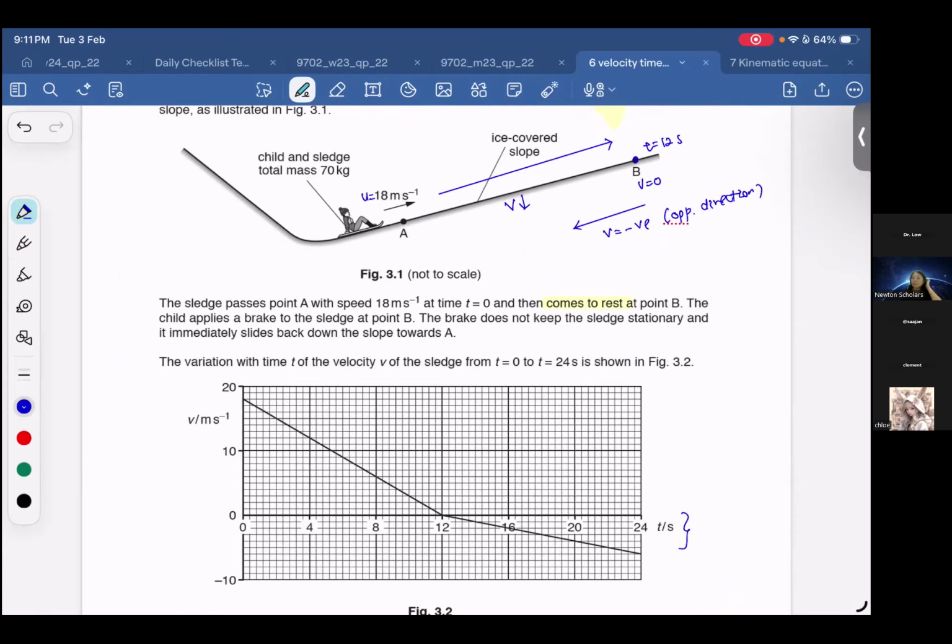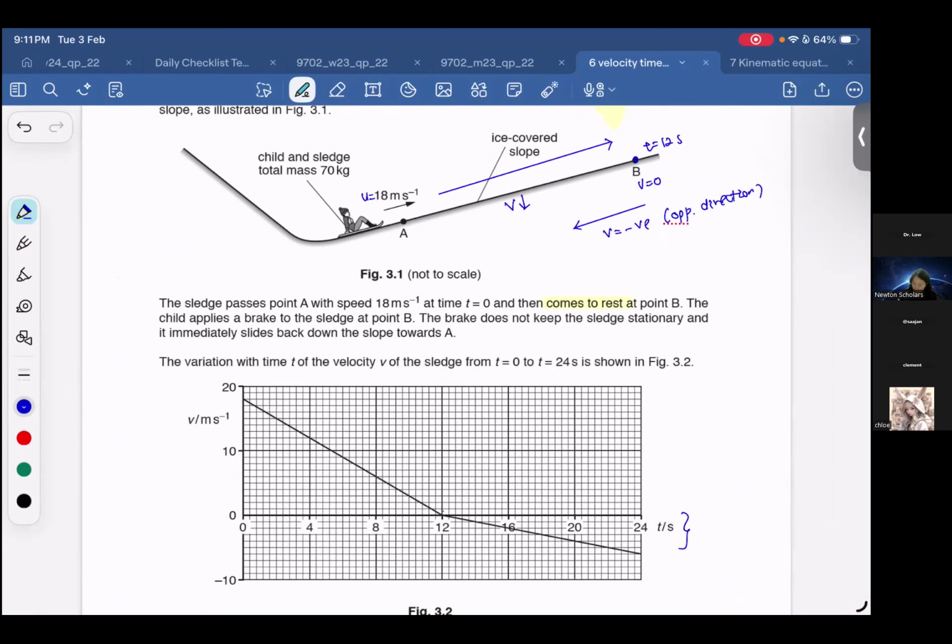Look at it and digest what I say. It goes up, comes to rest. That means the speed decreases. Even if they didn't tell us, we can also know the speed decreases because it is going up against gravity. So velocity decreases until point B, where it comes to rest. Velocity is 0.